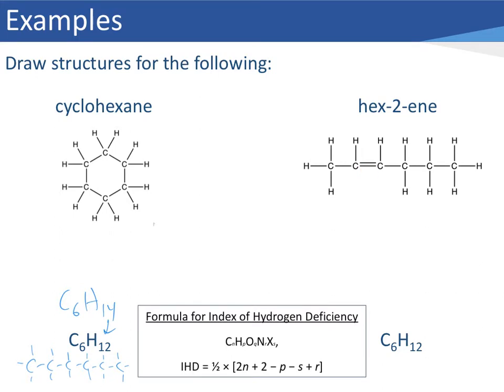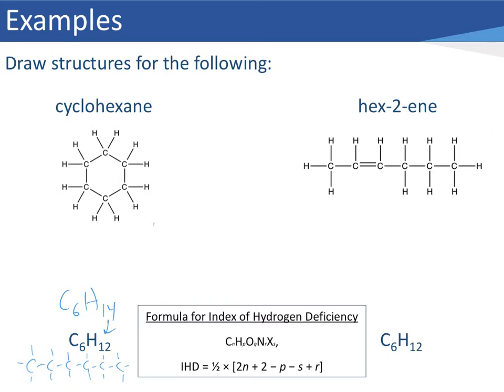So let's calculate the index of hydrogen deficiency for these 2 molecules. They both have the same formula, C6H12. So we can actually calculate the IHD for both compounds.